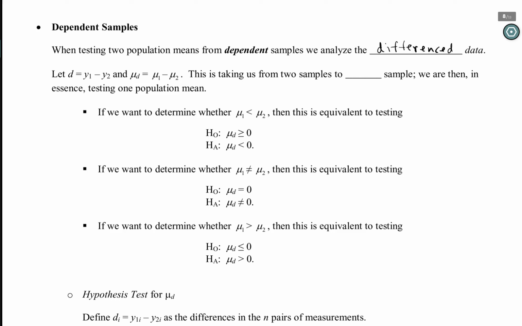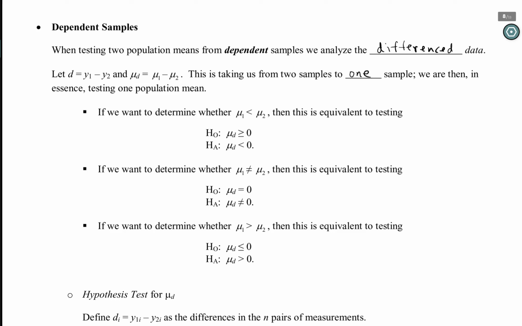And this effectively takes us from two samples down to one sample. And so then we can use techniques from the previous module that dealt with inference on a single population mean. Okay, but just to be complete, we'll go through a whole problem under this dependent samples paradigm.